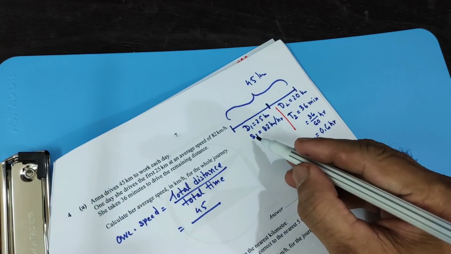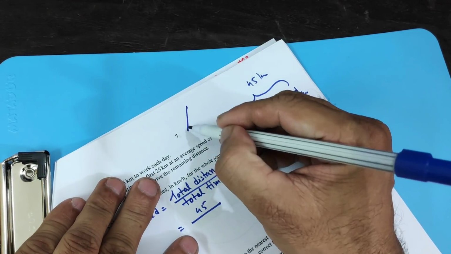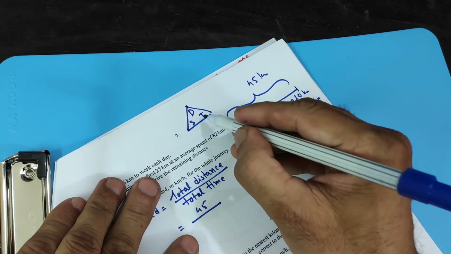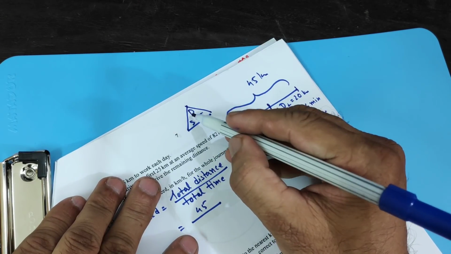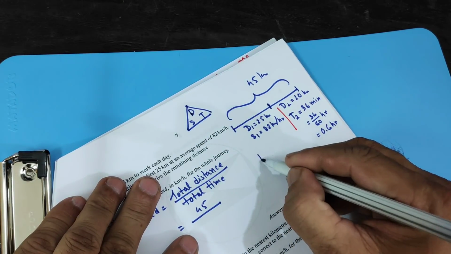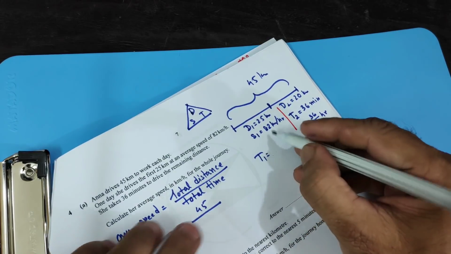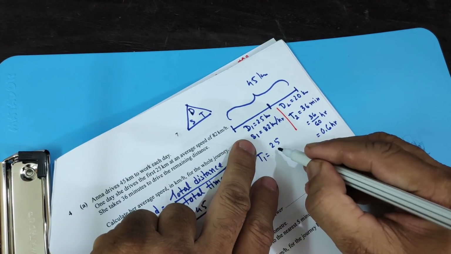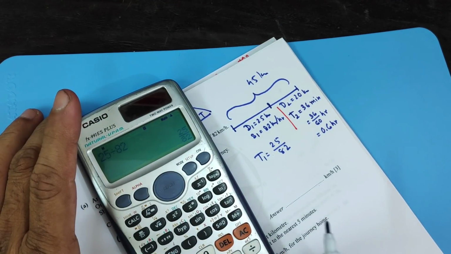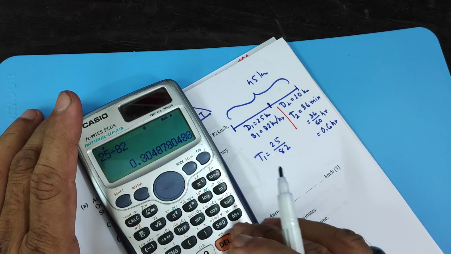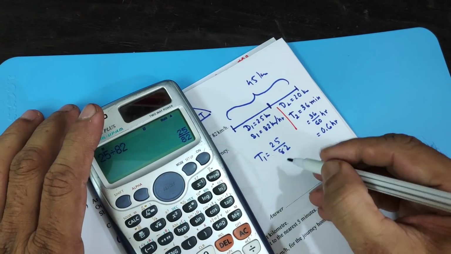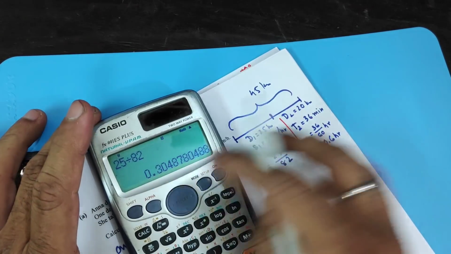Keep that one. And over here, you know that we have this triangle: distance, speed, time. To find time, I have to divide distance by speed. So this time 1 is supposed to be distance 25 and speed 82. So 25 divided by 82. Keep that as a fraction for the timing because it gives a really nasty number.